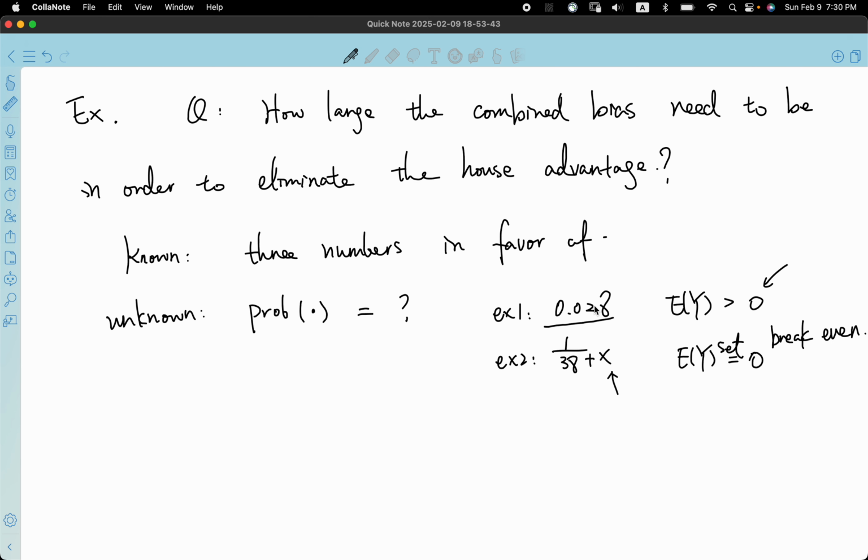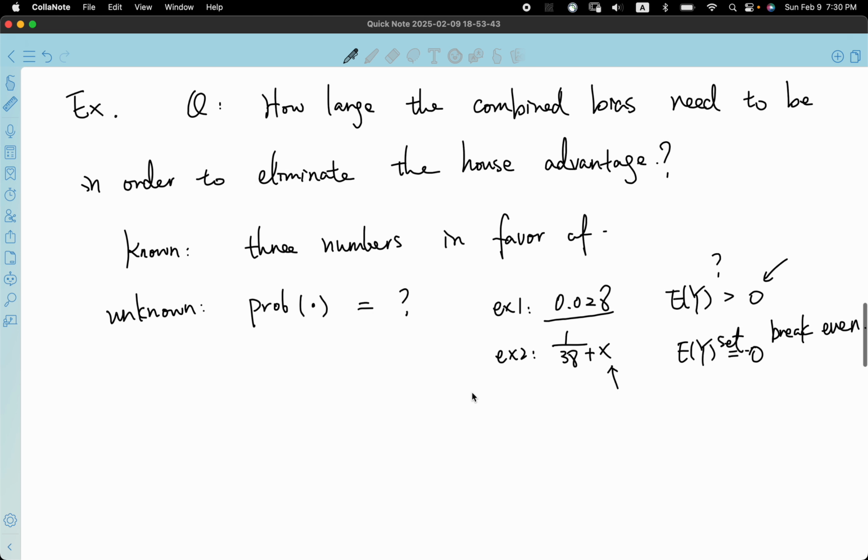In example 1, we set this number equal to 0.028 and analyzed the expected profit. Now the question is, what does x need to be such that this is equal to 0? So with this in mind, let's answer this question.